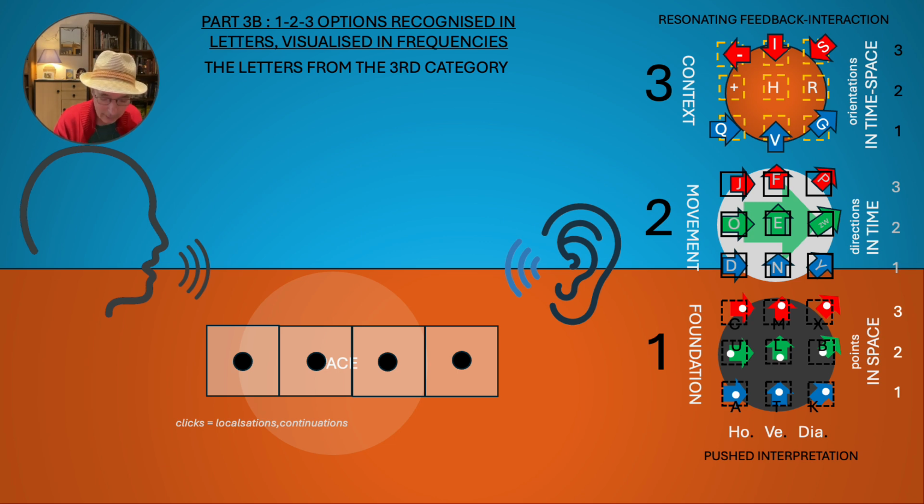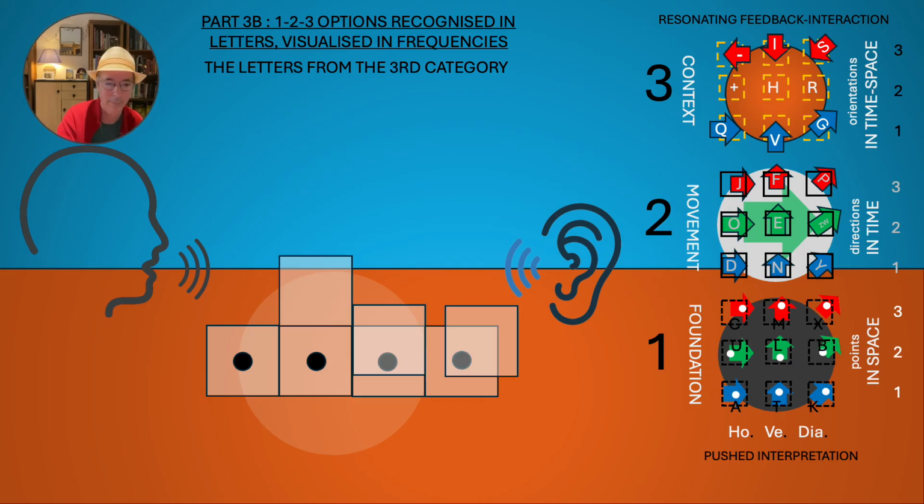So they are really regular points, and every letter is distinctive, so we have distinctive letters, and we can use each one of them, and they don't have much of an interference. It's like clicks and localizations or continuations. These are the first category. They can be derived to that point.